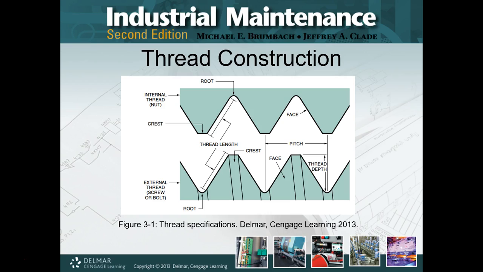The most important ones to look at are going to be the crest, which is the top, and I don't know if I got a pointer here. Yes, I do. So one of the important ones is right here. This is the crest, and each side has one. You notice here's our nut, or like I said, our casing. So we've got a crest here, and we've got a crest here.